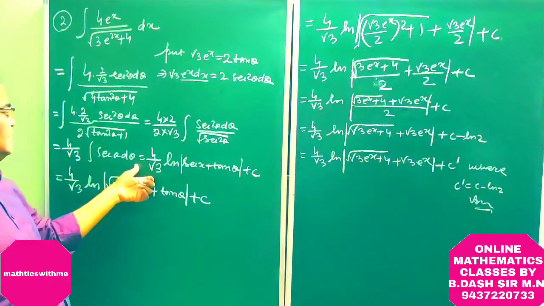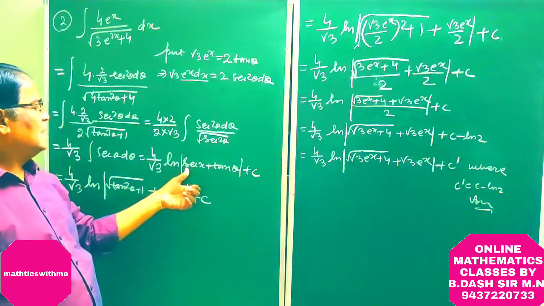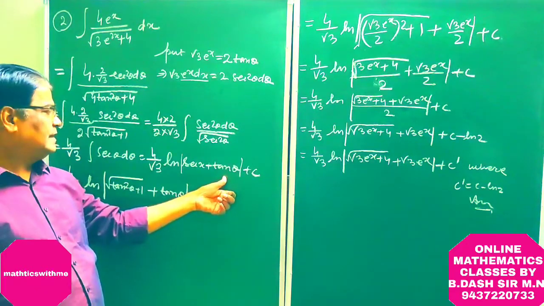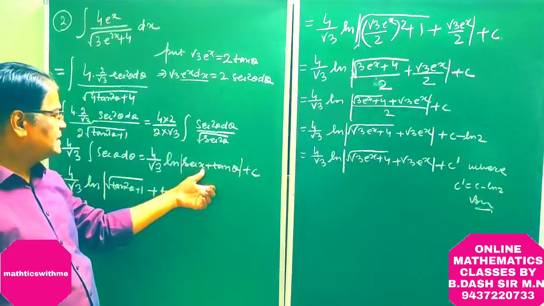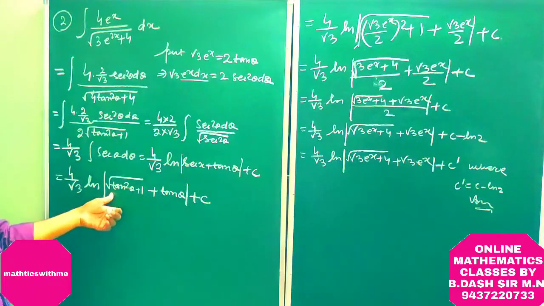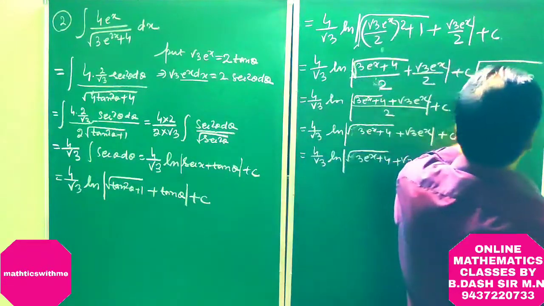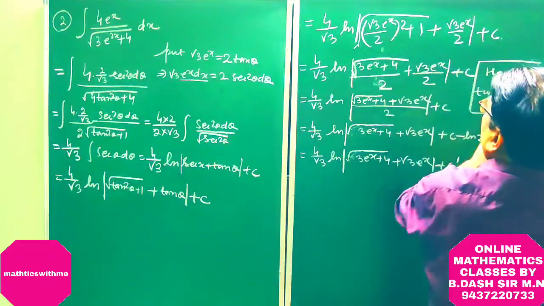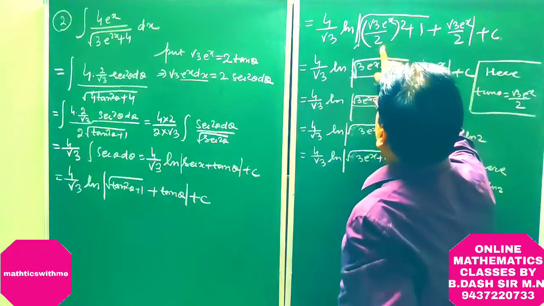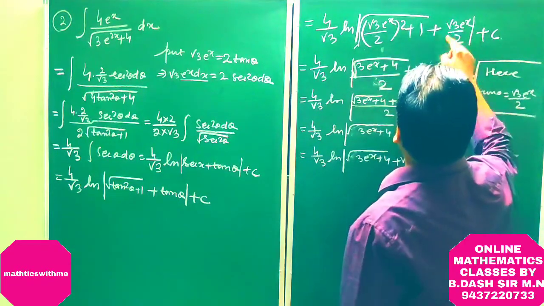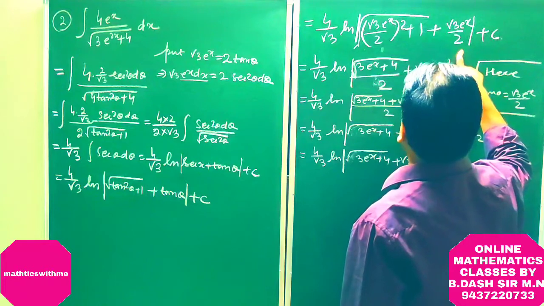of sec theta d theta, which is equal to 4 by root 3 ln of sec theta plus tan theta plus c. Now this sec theta can be written as (tan square theta plus 1) whole root over. Now putting the value tan theta is equal to root 3 to the power x by 2, we get (root 3 to the power x by 2) whole square plus 1, plus root 3 to the power x by 2.